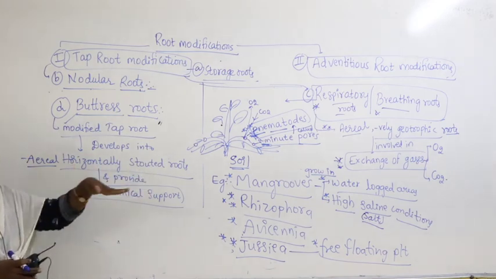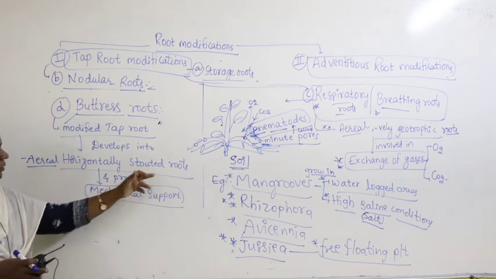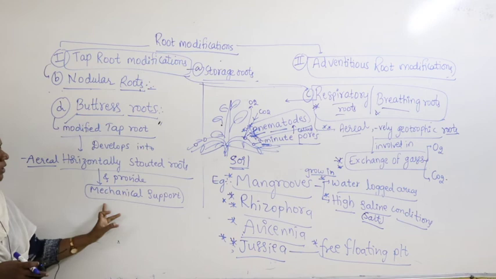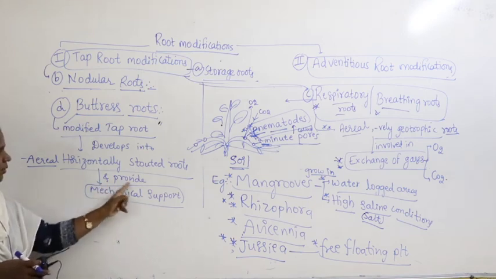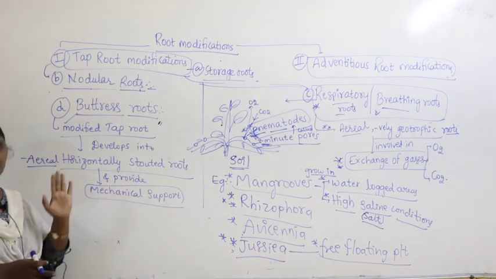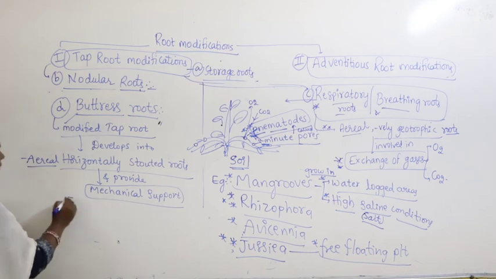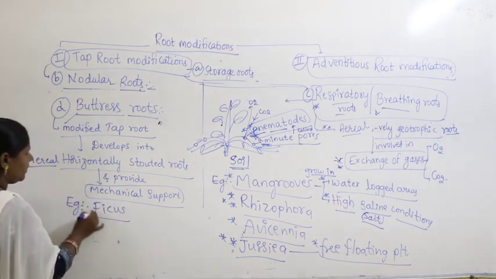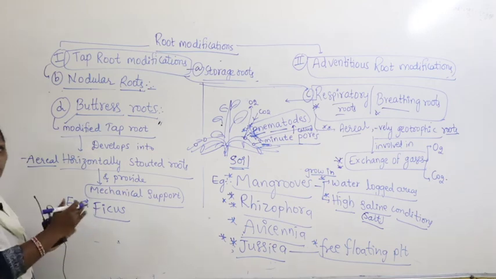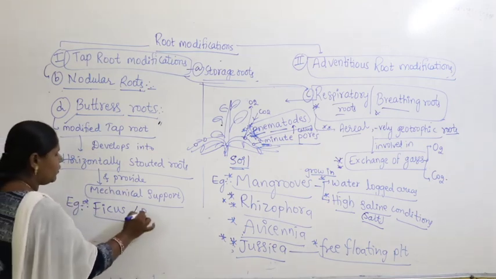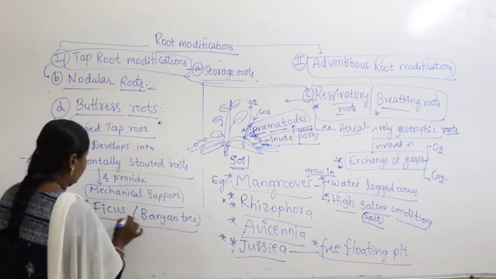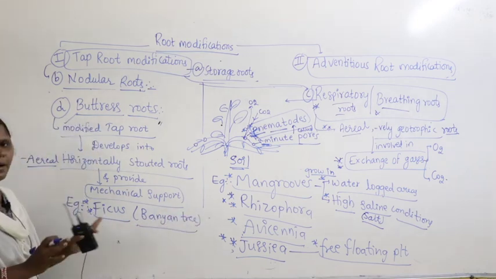It grows horizontally, and for what purpose is it coming out aerially? To provide mechanical support. The best example for this is Ficus, and one more scientific name, Ficus religiosa. Ficus is the scientific name for banyan tree.